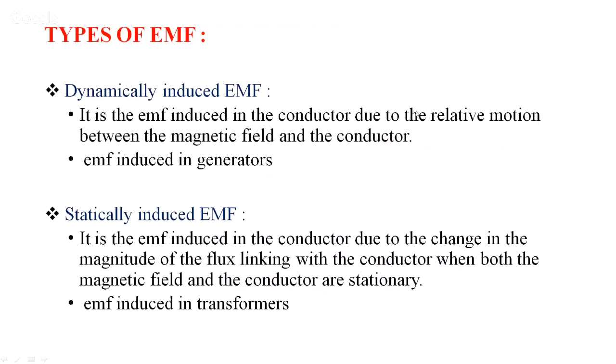So due to the relative motion between the magnetic field and the conductor, an EMF is induced, and that EMF is called dynamically induced EMF. This type of induced EMF is seen in generators.